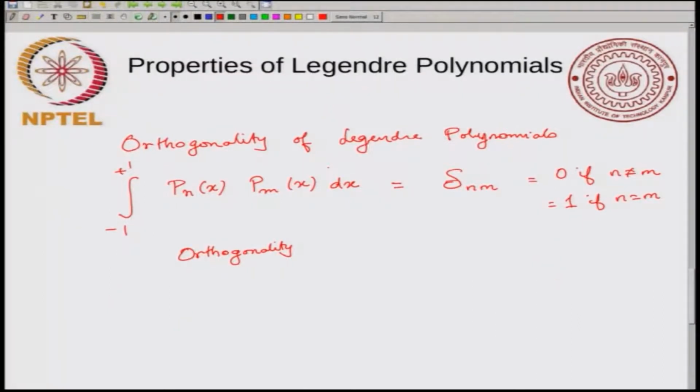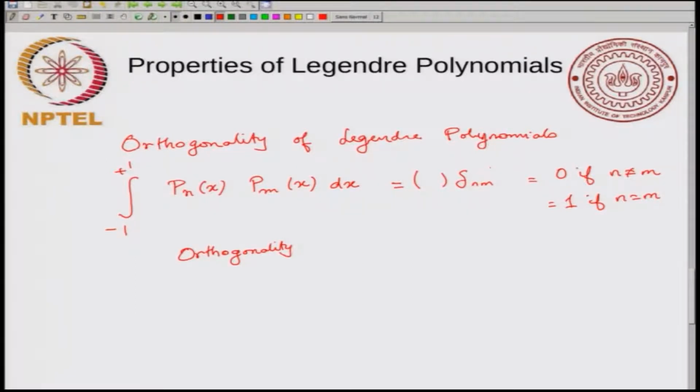I will not write this as a delta function yet. It is actually delta_nm multiplied by some factor. I will not mention that factor right now, but the point is that it is equal to 0 if n is not equal to m, and delta_nm is equal to 1 if n equals m. So it is some factor multiplying the delta function. It is not just the delta function.